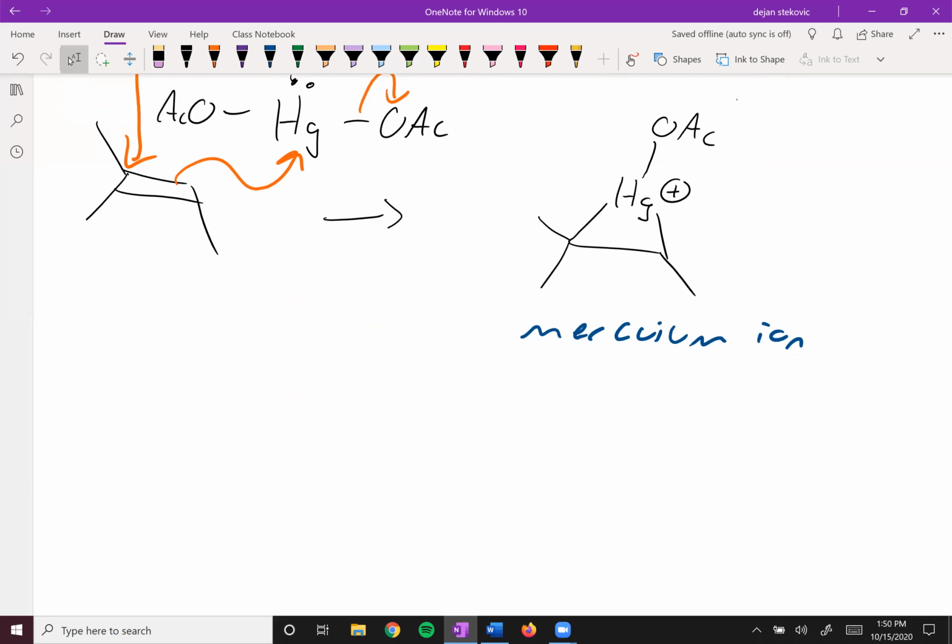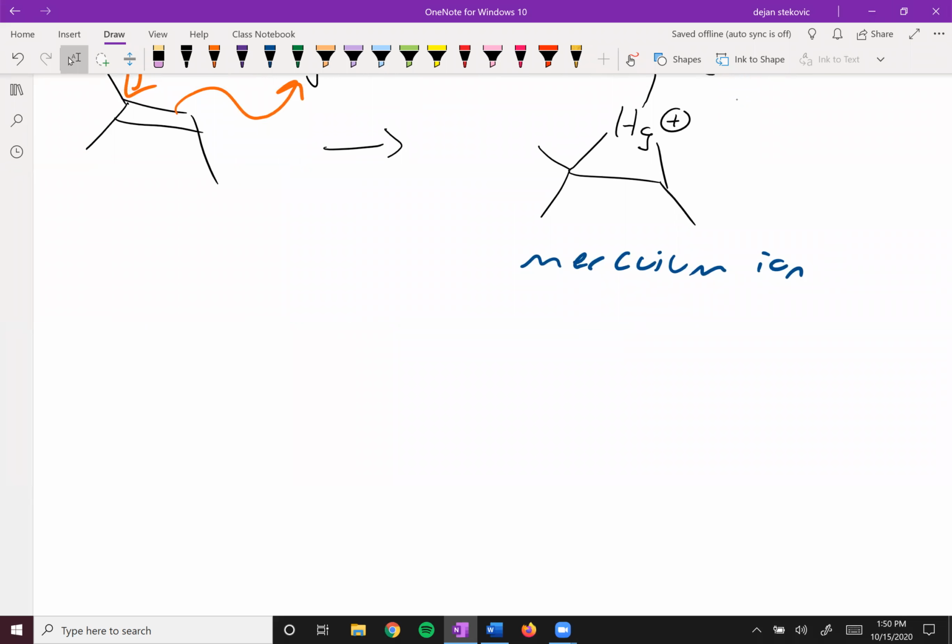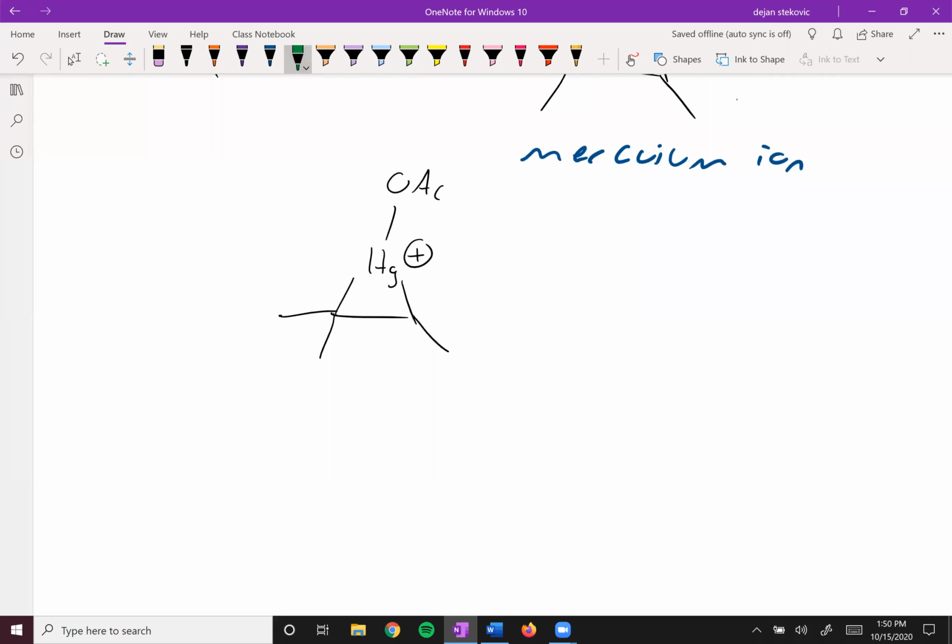And so let's take a look at our carbon mercury bonds for a second here. Right, and then we can imagine breaking either one of these bonds, right? So we can break this bond and go through this pathway, or we can break this bond and go through this pathway. So if we take a look at the green pathway, we have a carbocation right there.